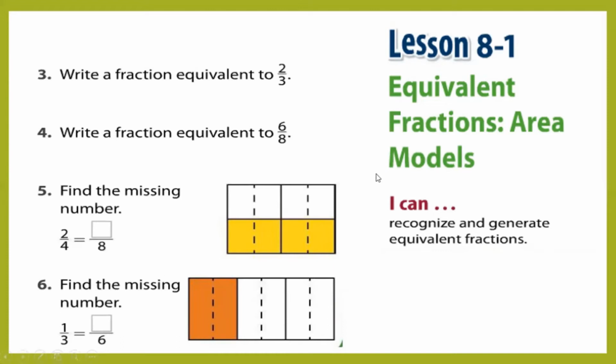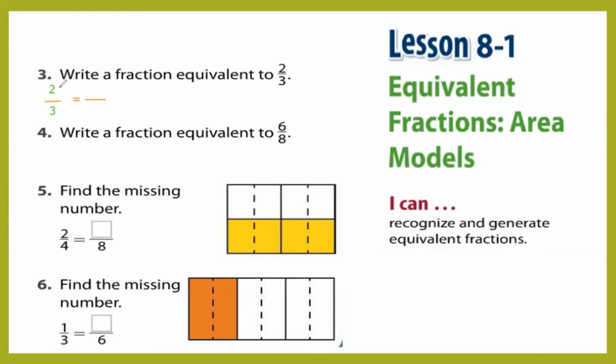How can I generate an equivalent fraction? How can I find an equivalent fraction? Here, look at number 3. Write a fraction equivalent to 2 out of 3. To write an equivalent fraction, I will write 2 out of 3, then multiply the numerator and denominator by the same number.